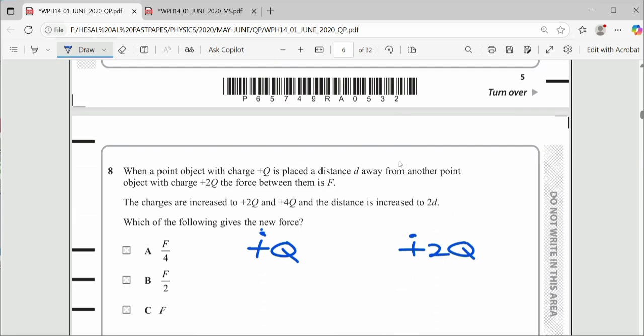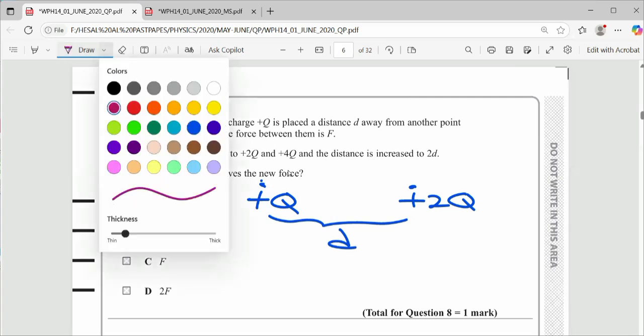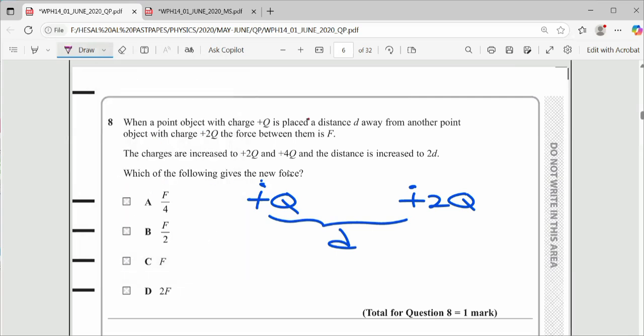The distance is given as D. The force between them is given as F. The question asks, the charges increase to this and this, and the distance also changes. What is the answer? Give the new force.